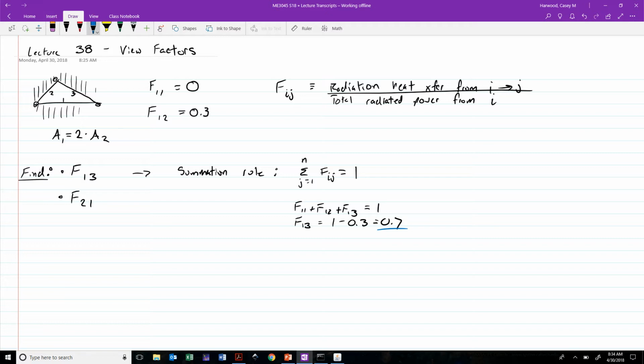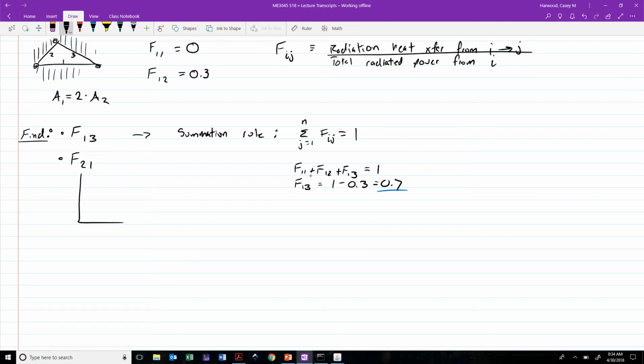Now F21. If we use the summation rule for the first one, for the second one we're going to try out the reciprocity rule. Remember, the reciprocity rule was written as follows: A1 F12 is equal to A2 F21. I'll let you chew on that for a few seconds.